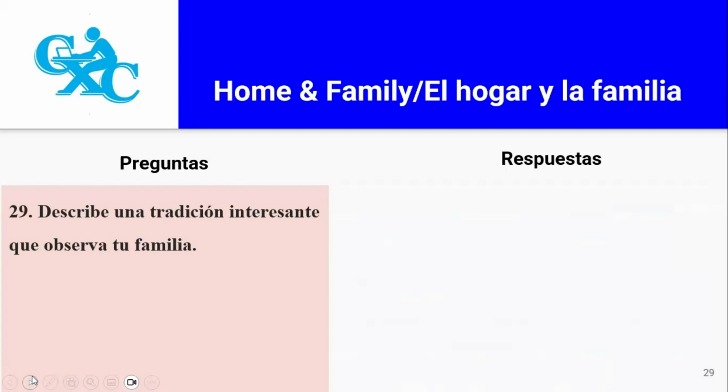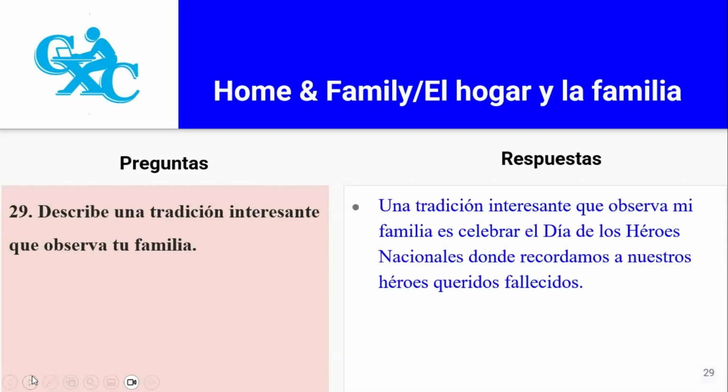Describe una tradición interesante que observa tu familia. Possible response. Una tradición interesante que observa mi familia es celebrar el Día de los Héroes Nacionales, donde recordamos a nuestros héroes queridos fallecidos.